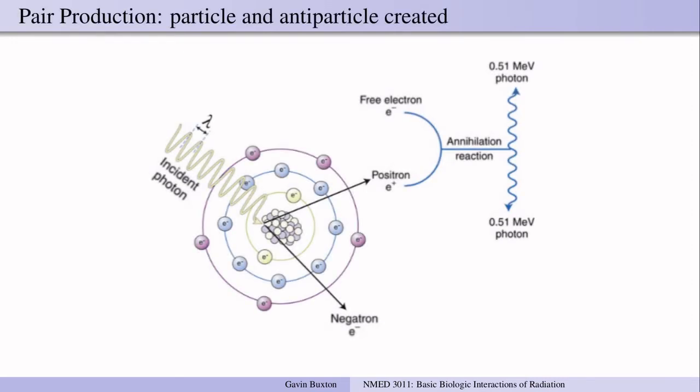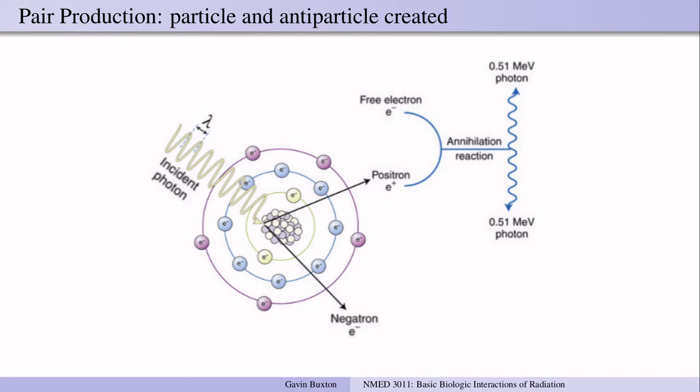The last interaction that is worth talking about is pair production, and it's an interesting one. The photon comes in, and there's a direct conversion from radiant energy to matter. You get a particle-antiparticle pair being created, most commonly an electron and a positron.